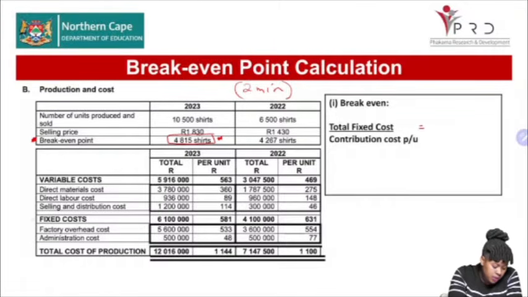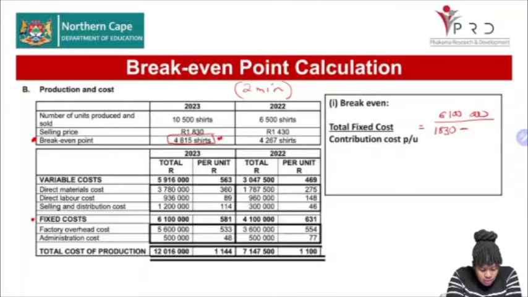substitute. So our total fixed cost is 6,100,000. Okay, and then our selling price per unit is 1,813, and then we need to subtract our cost price per unit, which is given to us over here. Cost price per unit, it's given to us as 563.